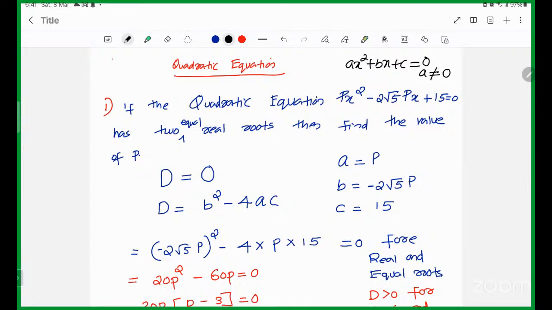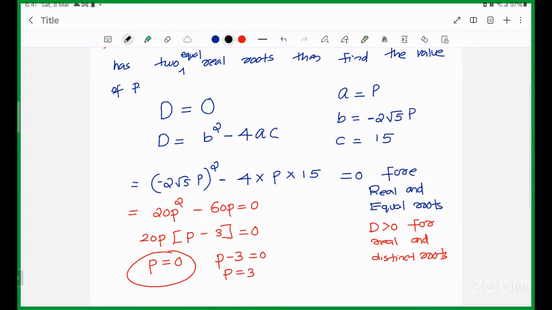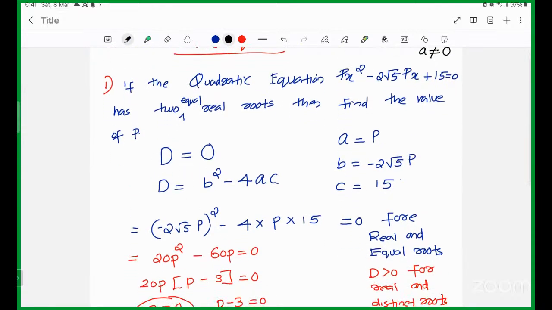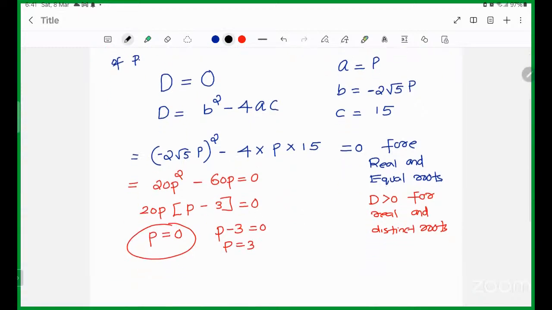So if you put p equal to 0, this becomes a constant only, not a quadratic equation. So we should choose p equal to 3, even though there are 2 solutions for p, because our equation should be a quadratic equation.